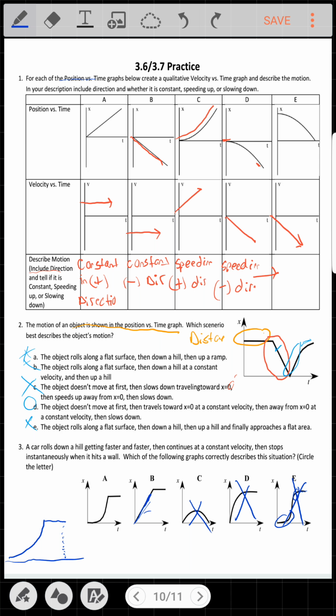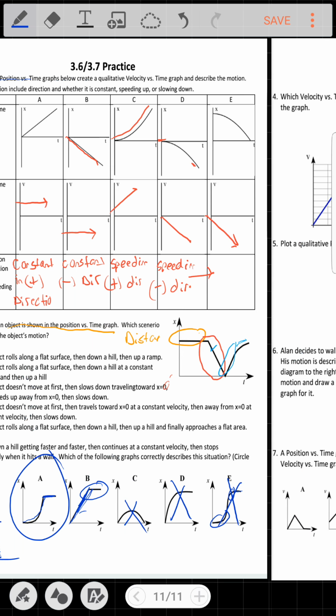This is a constant speed right here. So that would be a no if I wanted that in velocity. This one right here represents no movement whatsoever, so this would show stopping. Now we'll go to the last one. This one is getting faster and faster and faster, and then continues at a constant velocity, and then stops. So the one should have been A. Let's go to the next page.